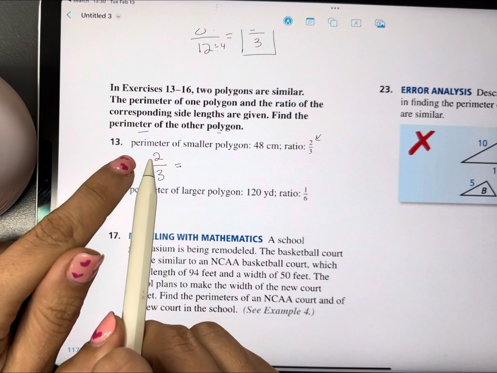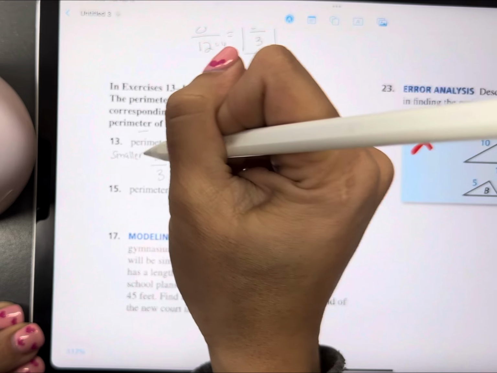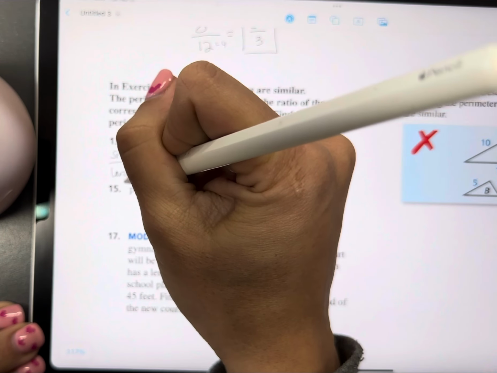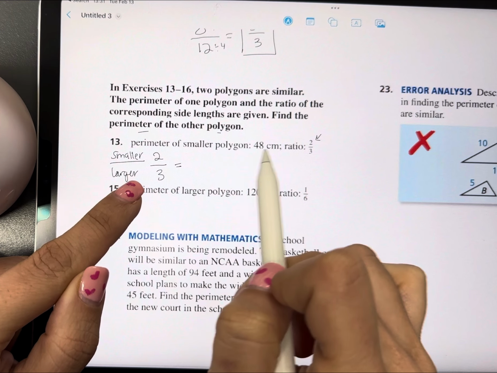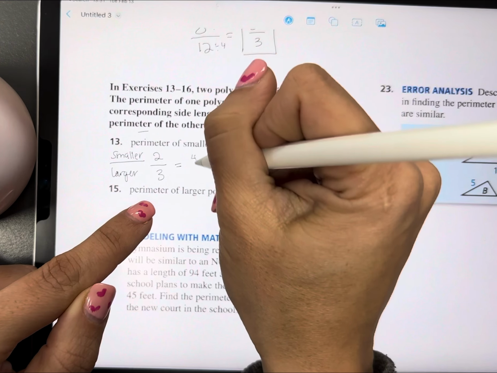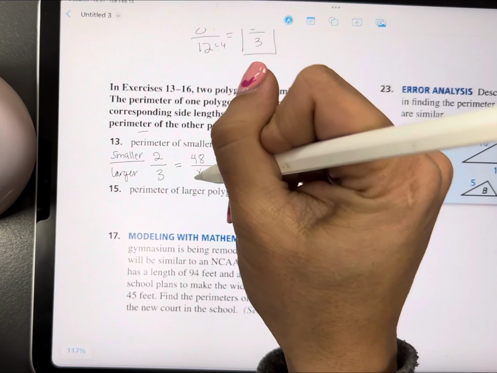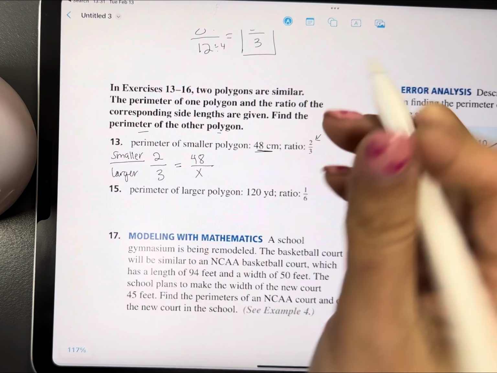They're telling me that smaller goes on top and that larger goes on bottom. So perimeter of smaller is 48. That means that 48 goes on top. So you got to be very deliberate and conscious of these types of things, or else you're going to make a mistake. Okay, cross multiply.